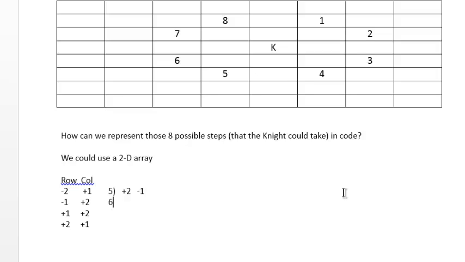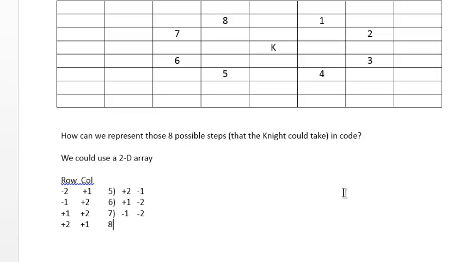Number 6 is what? Plus 1 row, minus 2 columns. Number 7, now we're going back a row, so this is minus 1 row, minus 2 columns.